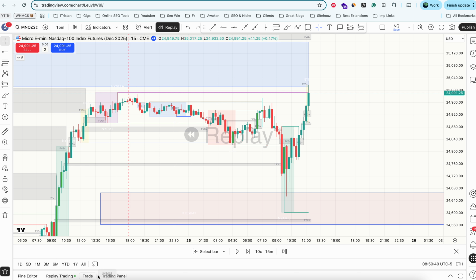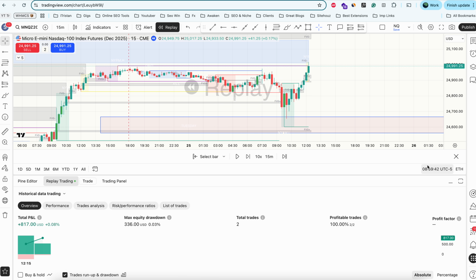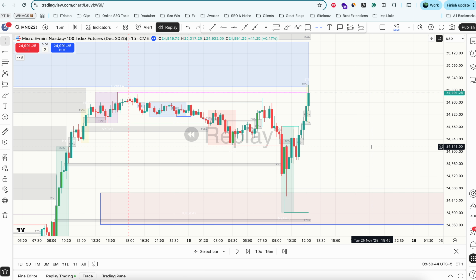Perfect. Check this out. So $817 were made on this trade, and this is how you can utilize 4 hour fair value gaps, incorporate them in your trading, and you will see amazing results. Just wait for them.